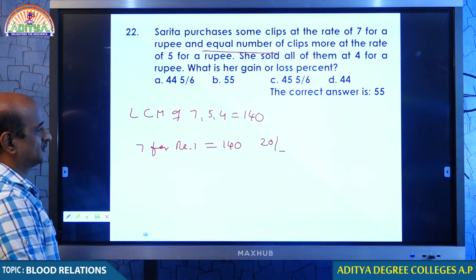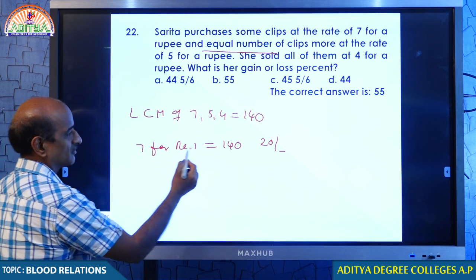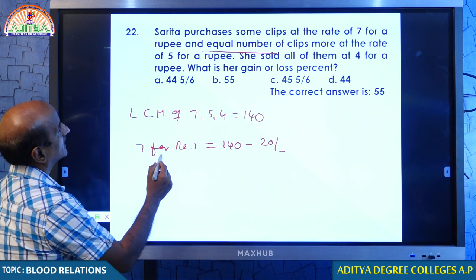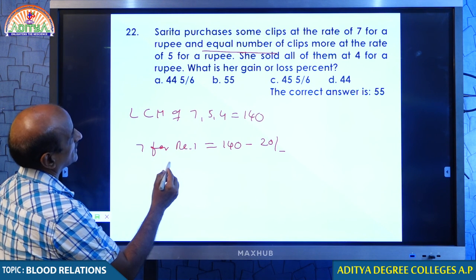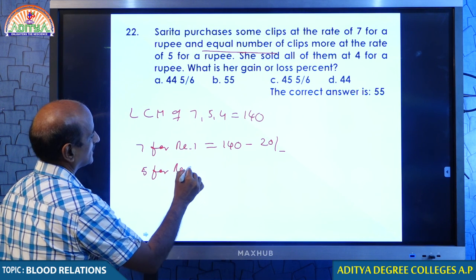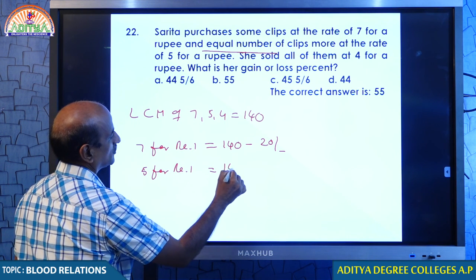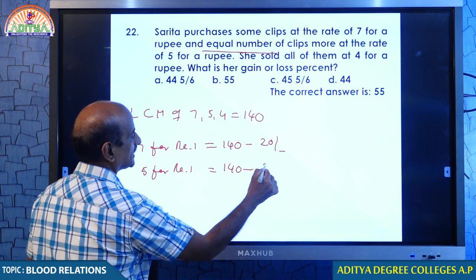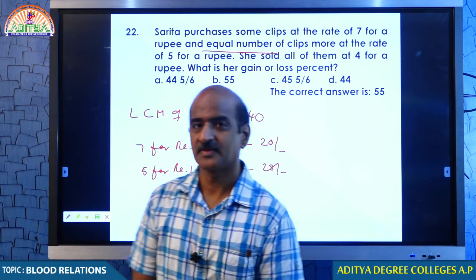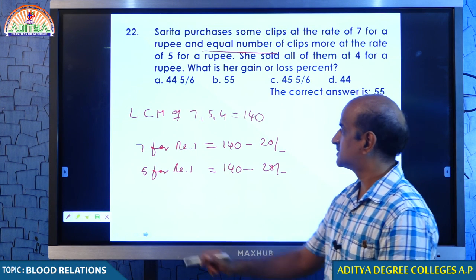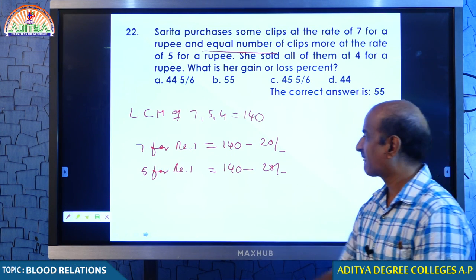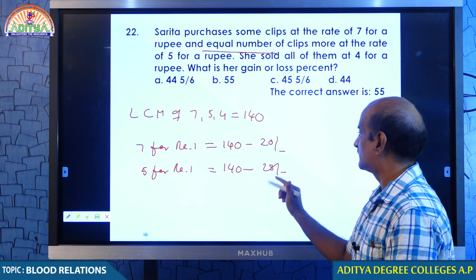Then at the rate of 5 for a rupee, to get 140 you require 28 rupees. Check it out, my dear students. From the first case you get 7 for a rupee, 140 for 20 rupees. 5 for a rupee, 140 for 28.